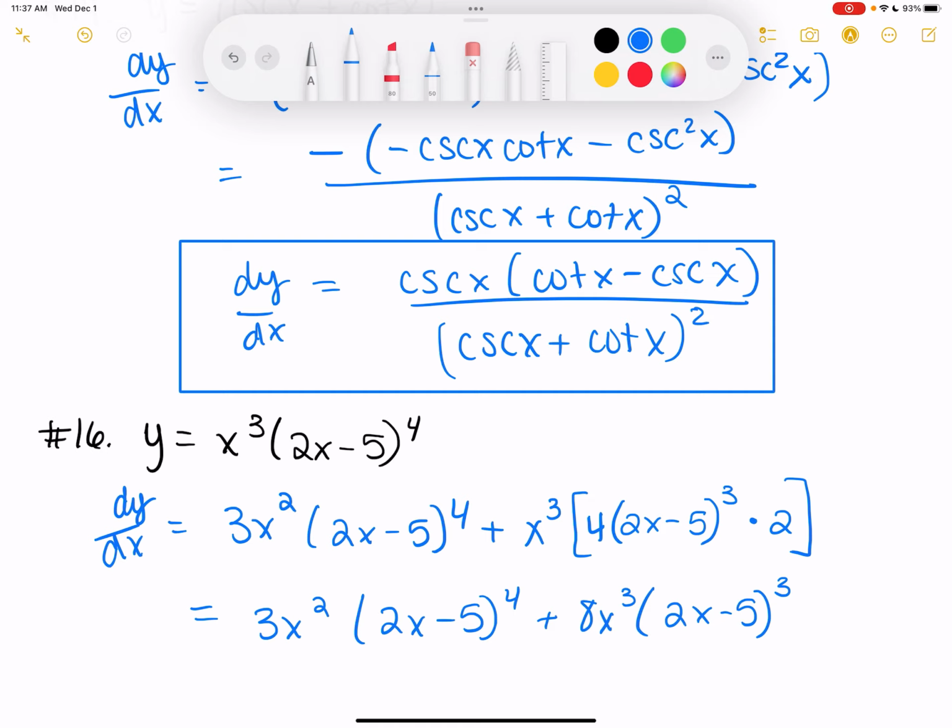And if you wanted to do some multiplying around with this, you could, but I'm okay with you just leaving it right there. That's what I was looking at, because the book had a slightly different answer, but that's just because they multiplied it through.